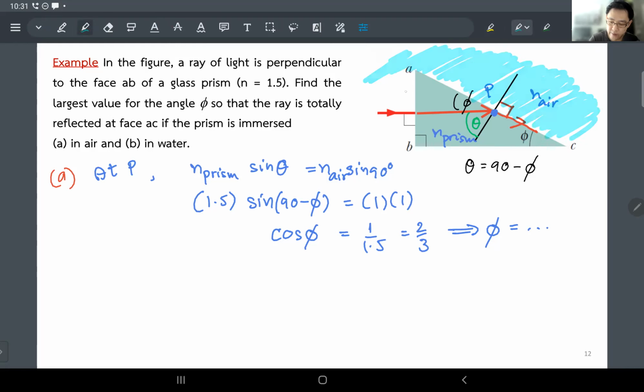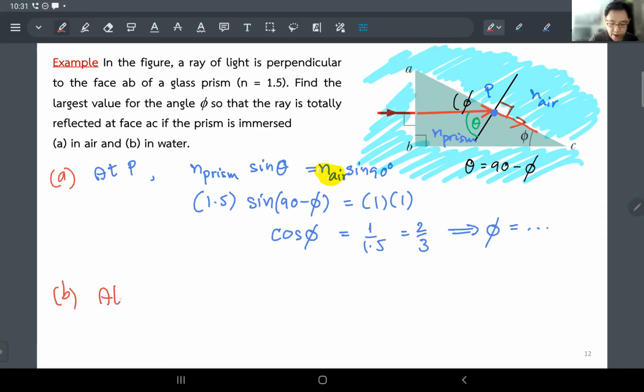So that will be a water environment around this. The only thing that's going to change is this. With me, guys? Because now the second medium that the light is trying to escape into from the prism is not air anymore, but water. So the only thing you need to replace is n water in the position of n air. That's it. So part B will look exactly the same.